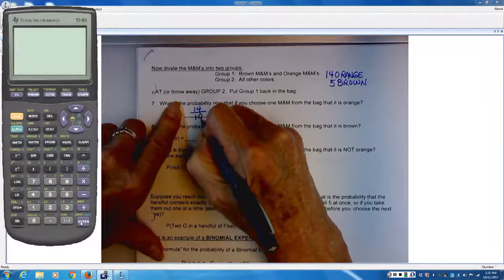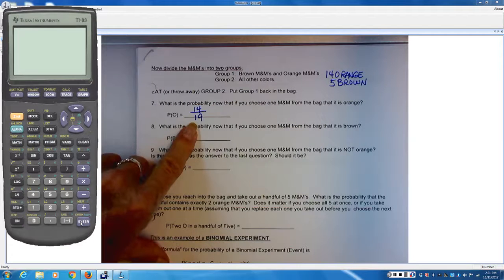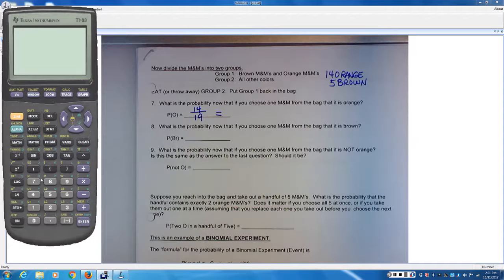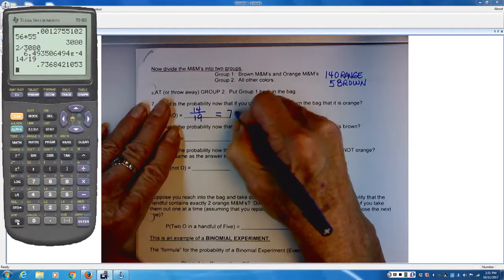So there's 19 M&Ms on that plate and 14 of them are orange. So that's a 73.7% chance. It's pretty good odds.